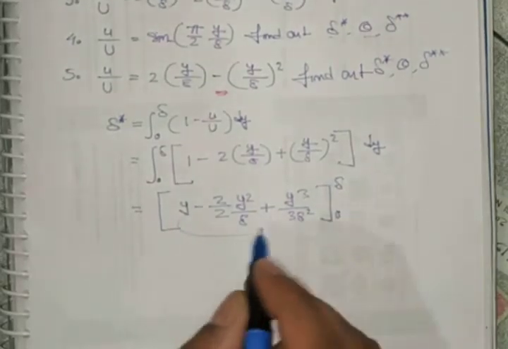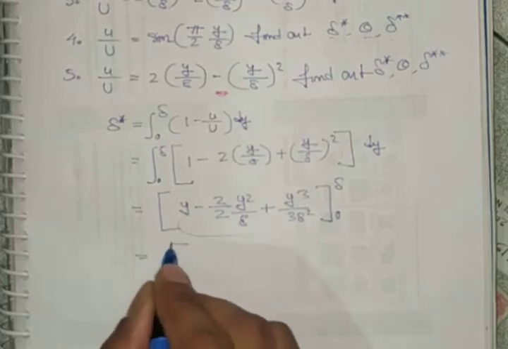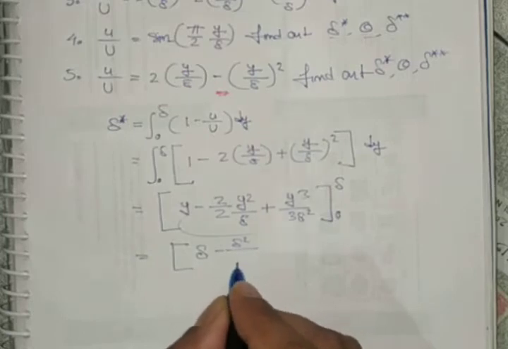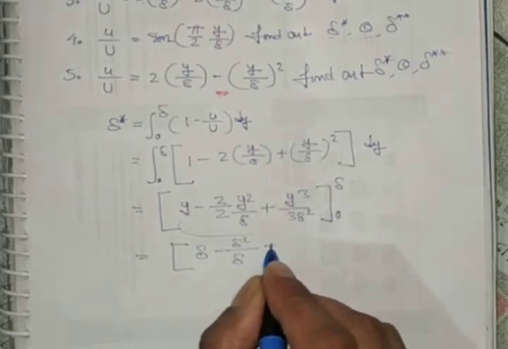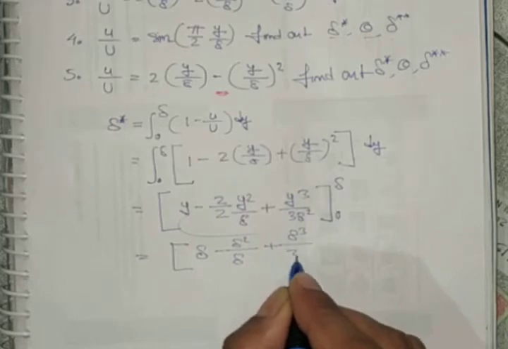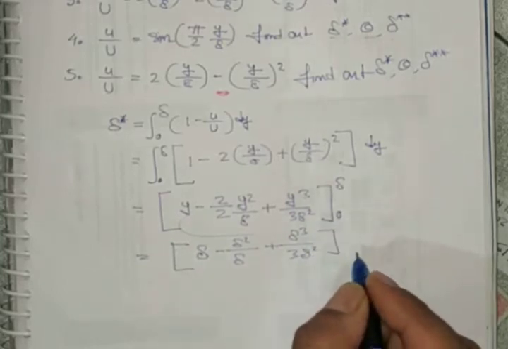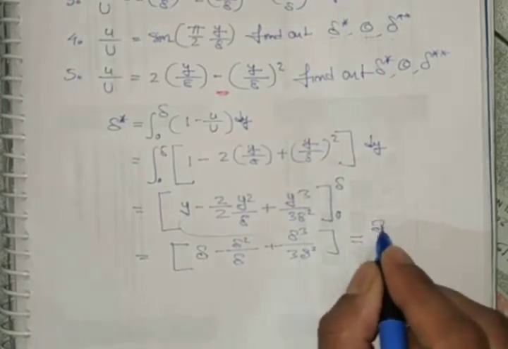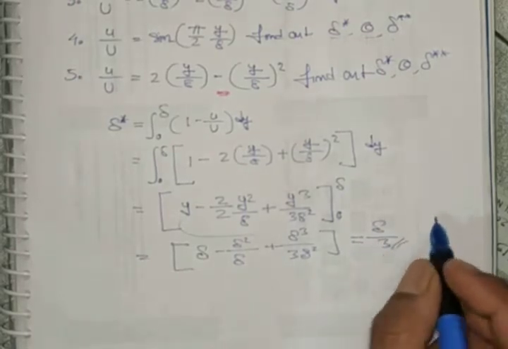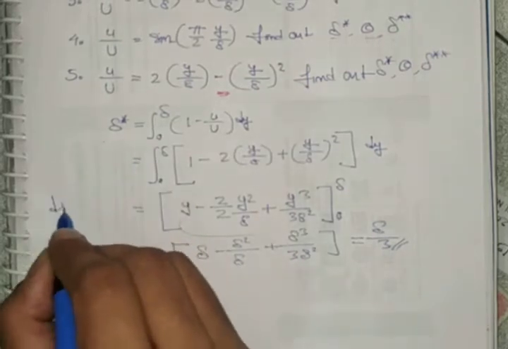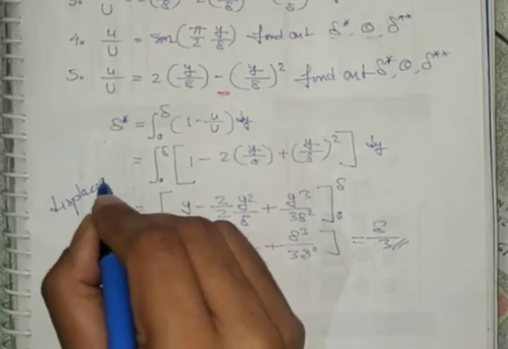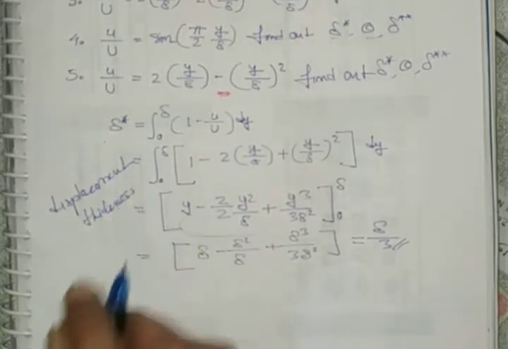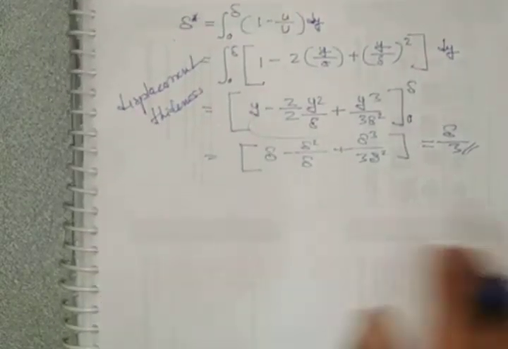And if you put the value here, you will get delta minus delta square by delta plus delta cube by 3 delta square. And after simplification, we will get delta by 3. So this is your displacement thickness.